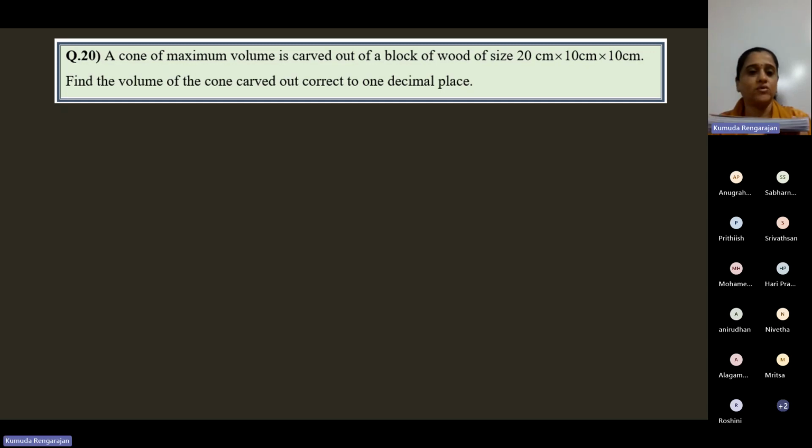So we'll write that now. 20 is the length, 10 is the breadth, 10 is the height. We'll write all 3 cases: case 1, case 2, case 3. Case 1 is using the top and the bottom.